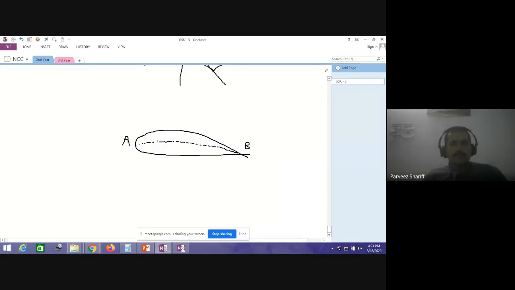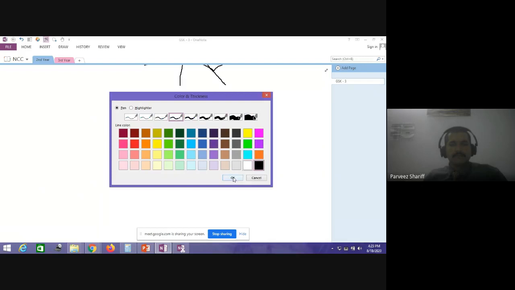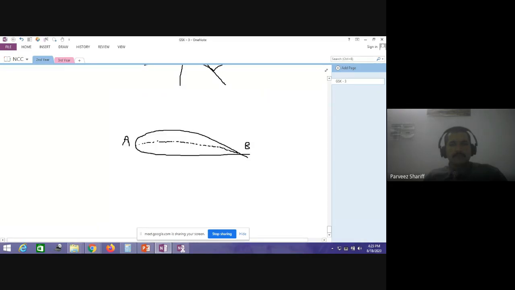So what you are seeing right now is the cross section of the wing. The wing will be in this structure, and we call it the aerofoil shape. There is a maximum camber.